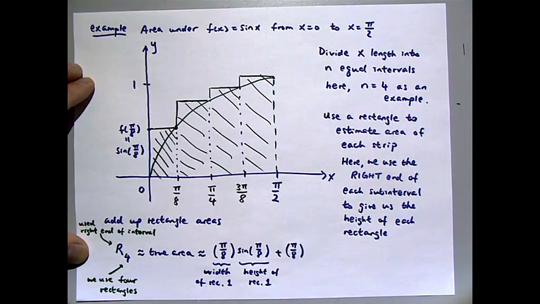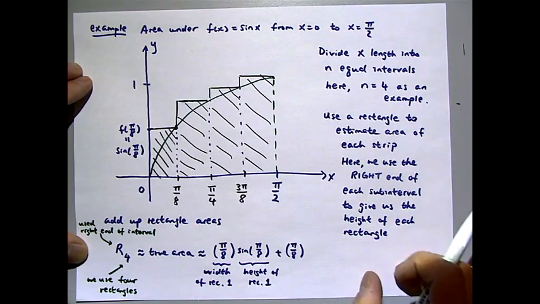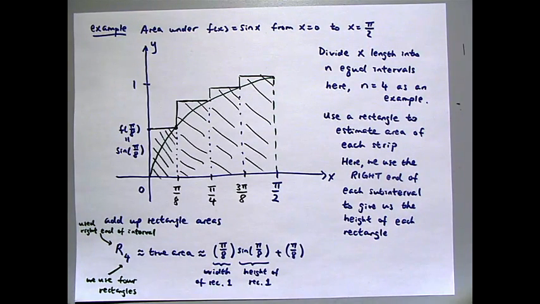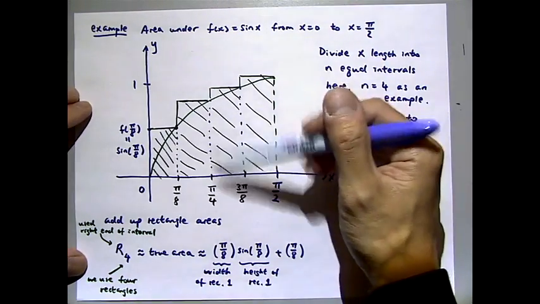Now, how high is the second one going to be? What's the height of the second one? Right, and how'd you get that? Sine of pi over 4, right? Absolutely.